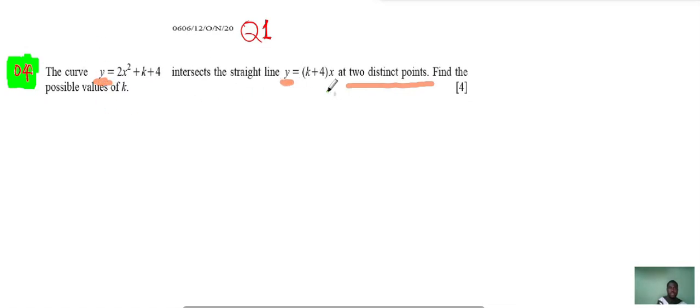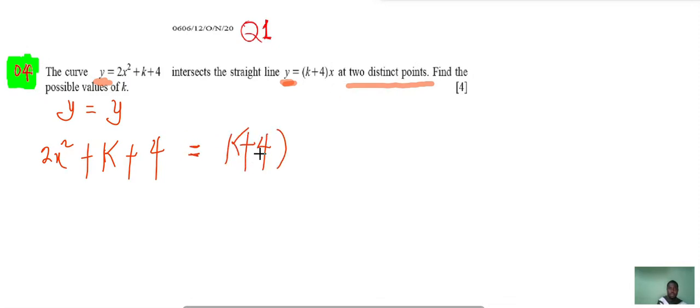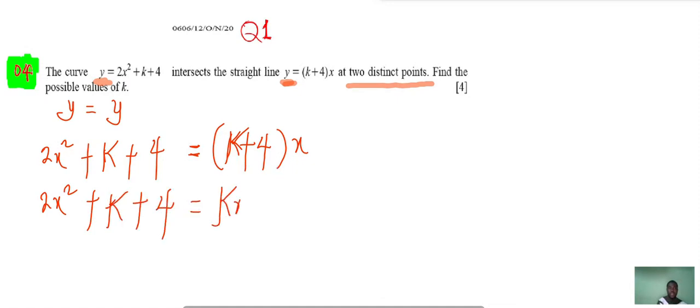This is a curve, this is a straight line. Once you have 2 values of y given, the first thing is to say y equals y. So y here is 2x squared plus k plus 4. Intersection means just equate them first, equals k plus 4 all into x. So 2x squared plus k plus 4 equals, open up the bracket, kx plus 4x.